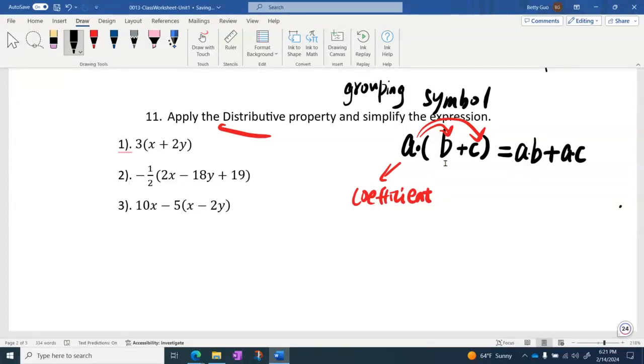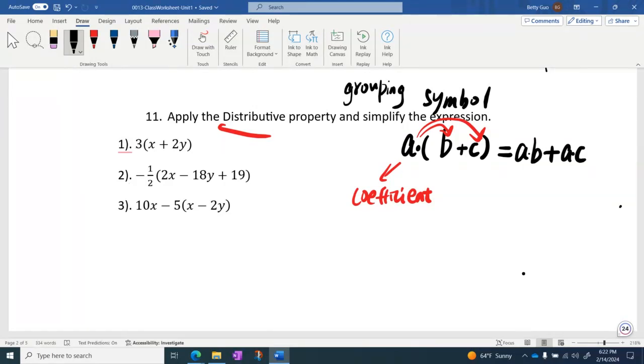We have the two terms in the grouping symbol. After we distribute the coefficient to both of the two terms, we will still end up with two terms as the result, but we don't have a parenthesis anymore. So that is how the distributive property works.